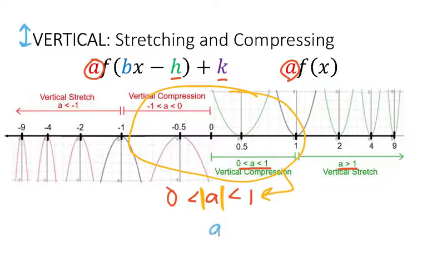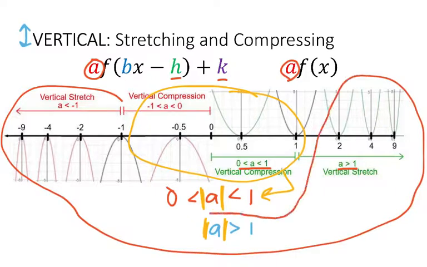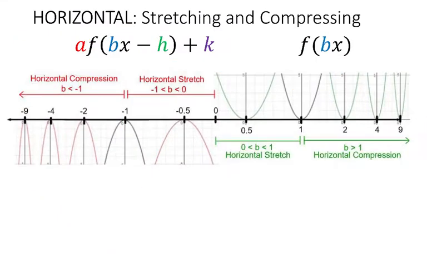Other than just saying A is greater than 1 and only talking about positive numbers, they'll include the negative numbers by saying, if you take the absolute value of that A, you end up with all of the numbers greater than 1, and that's going to stretch it. Okay? So that's the idea.